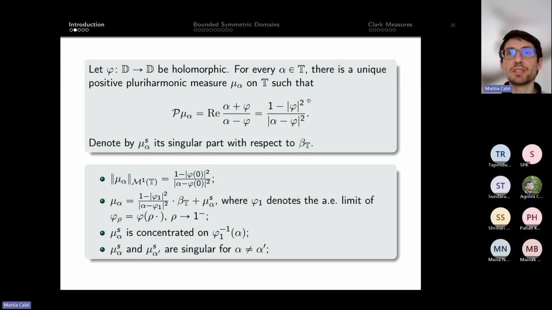So it is known. You may also find the absolutely continuous part of this measure with respect to Lebesgue measure. And it is simply the boundary values of this function, radial limits of this function where they exist.